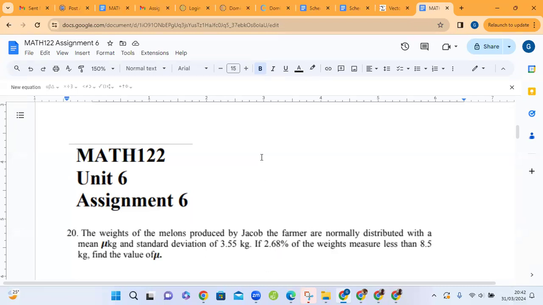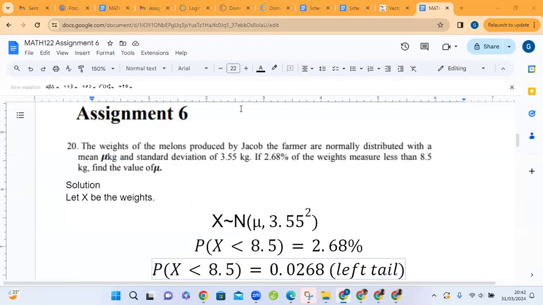Let's do the translation to make this a little bit clearer. The translation of this worded phrase to symbolic form. So here we are translating the word weights to the letter X. So X, meaning the weights, approximate a normal distribution with a mu, which we have to find, and a variance of 3.55 squared.